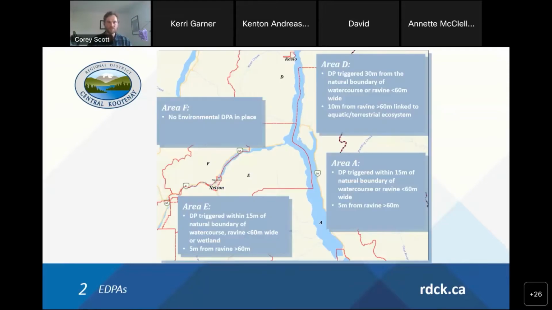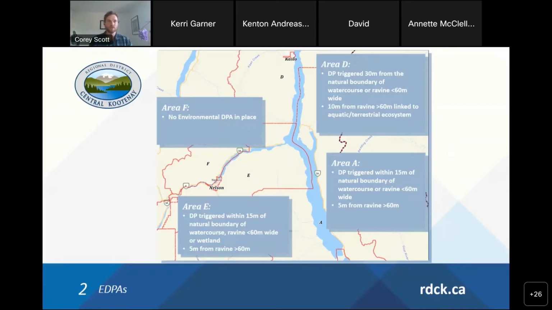So to provide a very brief overview of EDPAs for those who may not be so familiar, for others who I've had conversations with in the past, my apologies. I know it's probably burned into your brain by now. But they're areas that require special treatment or consideration when development activity, which includes vegetation removal and land alteration, takes place.